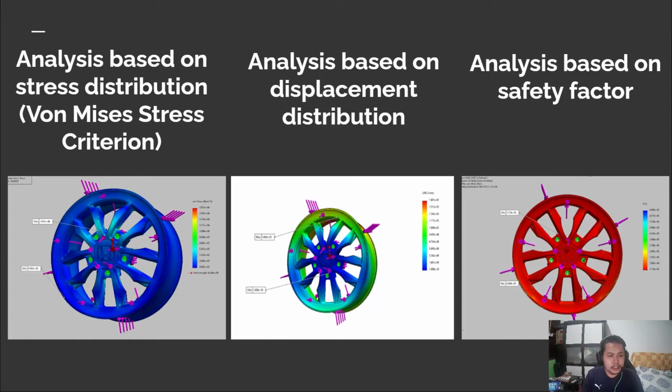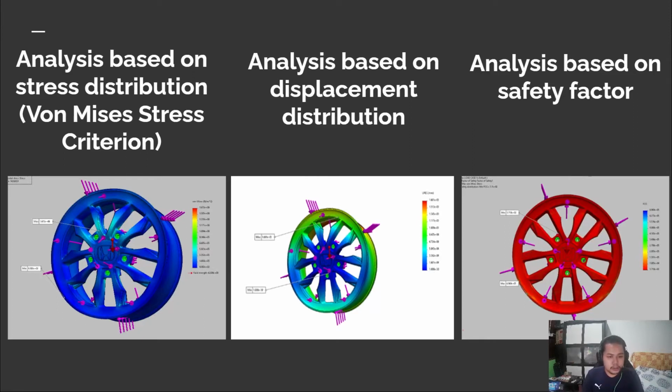Next, analysis based on displacement distribution. After the load is applied on the tire, it will cause displacement. As we see in the figure in the middle, the minimum displacement is very small at the center of the rim, with 1e-30 meter.